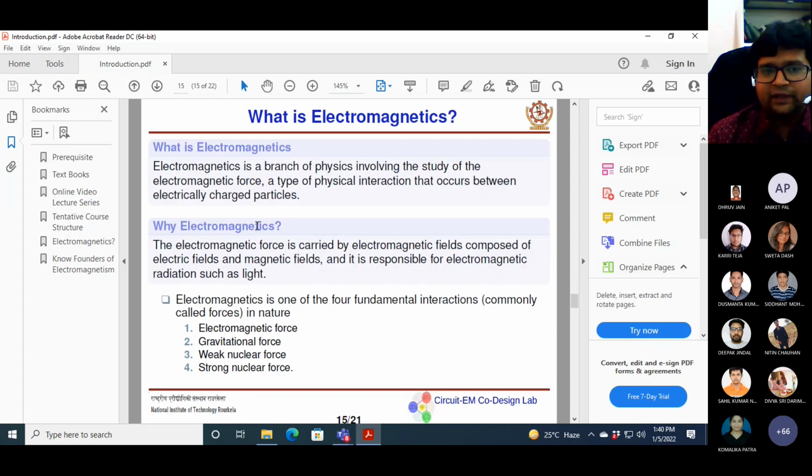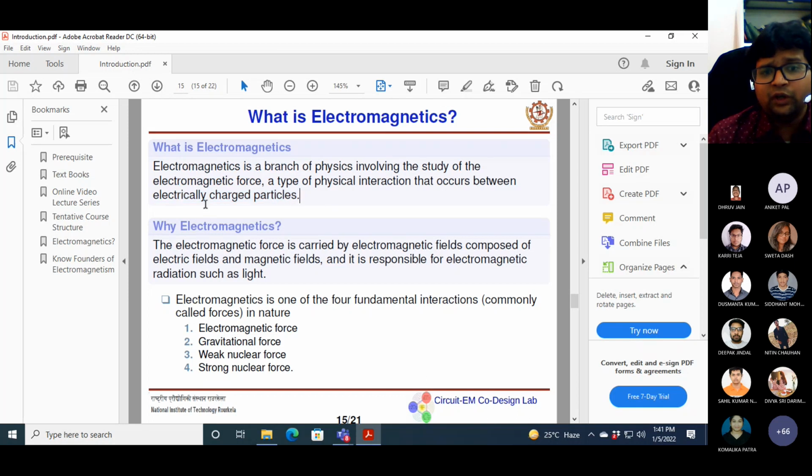Okay, so we are talking about electromagnetics. So what is electromagnetics? That is one of the questions. Electromagnetics is a branch of physics involving the study of the electromagnetic force, a type of physical interaction that occurs between electrically charged particles.